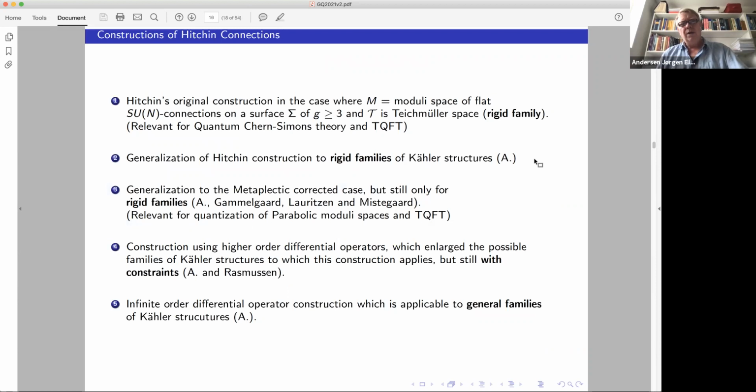So 1, 2, 3 is published. Some of 4 has appeared, some of it in Rasmus's thesis, but the rest of 4 and 5 is not published yet. It will appear on the arXiv soon, I hope. Okay, thank you.